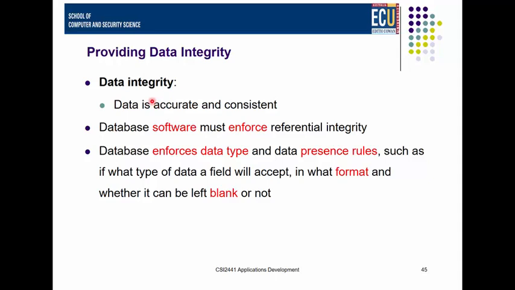Data should be accurate and consistent. If data is not accurate, it may affect the business. So we need to ensure that the database is consistent. And how can we ensure that? Referential integrity constraints. They may be implemented at the database level or application level. Whenever some operations are done on the database, we need to ensure that the database is left in a consistent state. It's not like if a student record has been deleted, the course information is still over there.